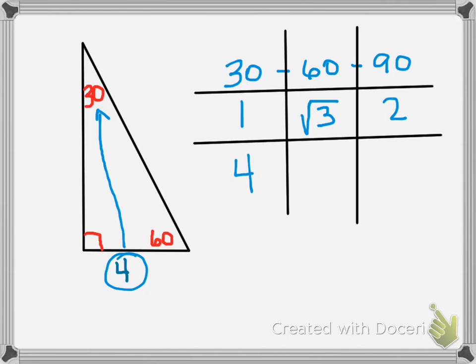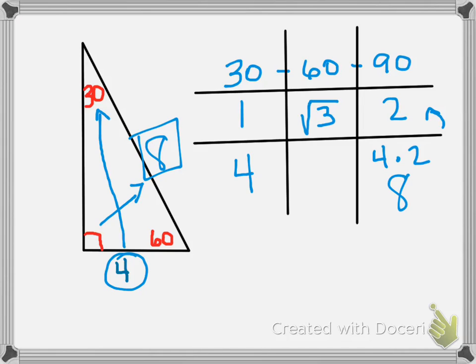So now all we do is exactly what the ratio says. Our ratio of 1 was 4. So let's look at our 90-degree ratio, which is 2. Very simply done. 4 times 2 is 8. So our side length across from our 90-degree angle is 8.